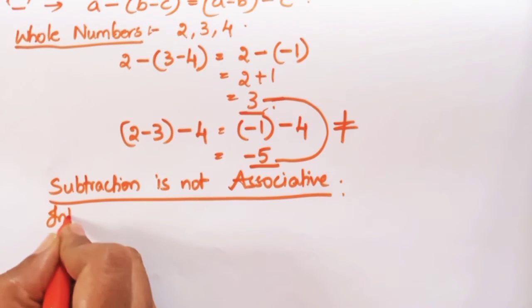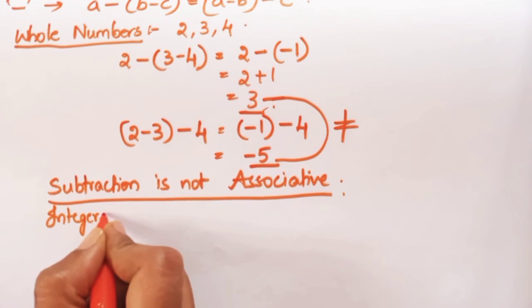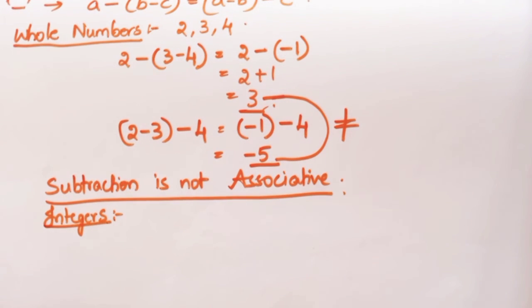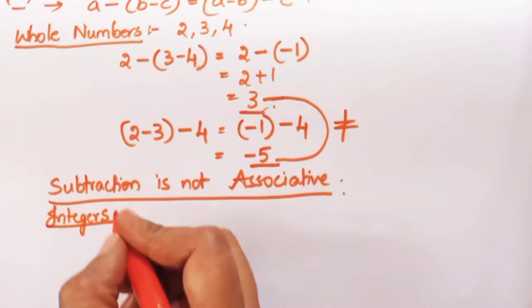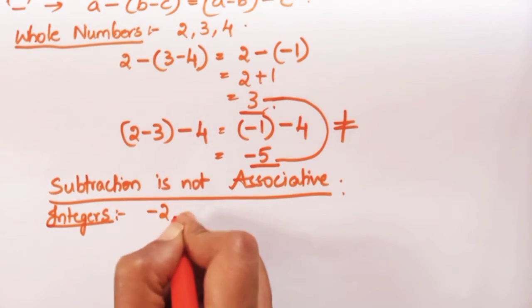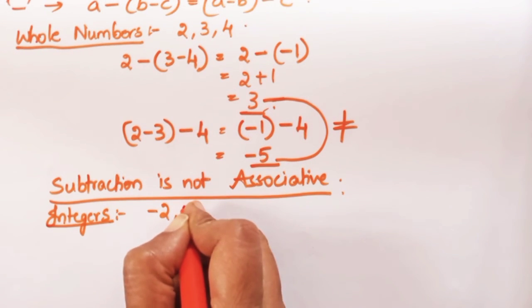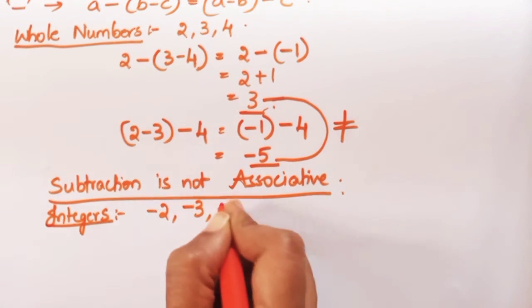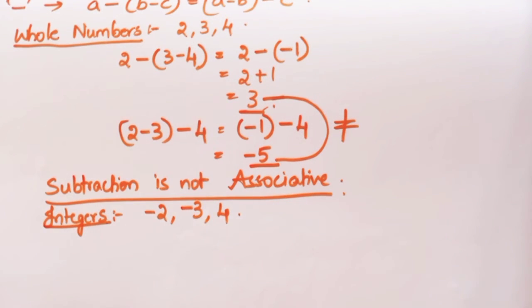Okay, let me move on. Integers. Let us take the simple ones just like this: minus 2, minus 3 and 4. Two negative integers and one positive integer. Let me check it out.